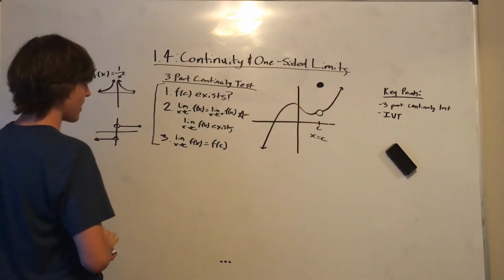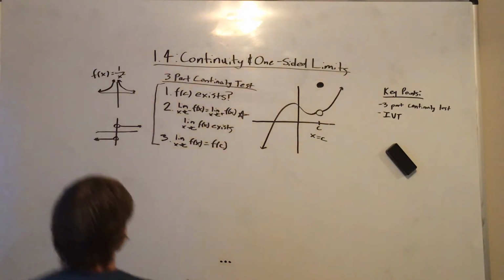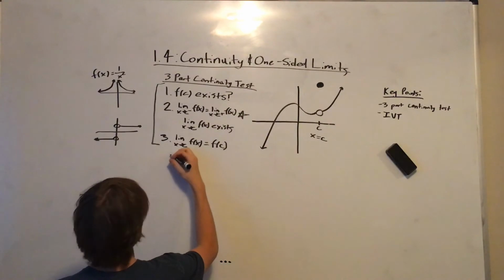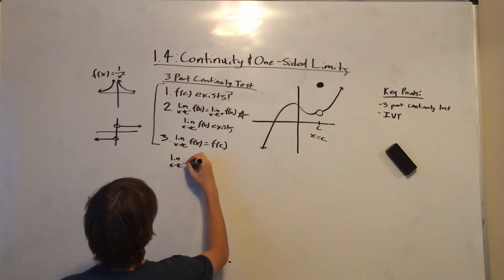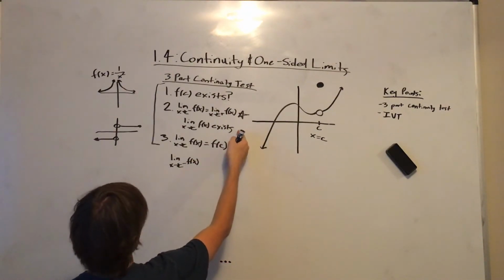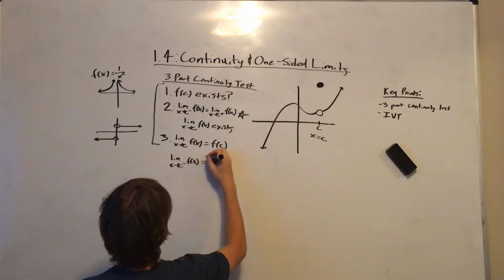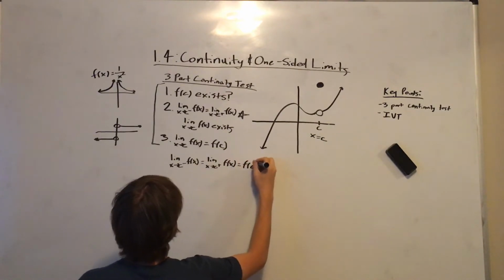You could also have an extended part 3 that just states that the limits from left and right both equal the functional value. That would work as well, but I don't really find it necessary because you already showed that the limit exists here, meaning this part is kind of unnecessary. But if this is what you like, then go with it.